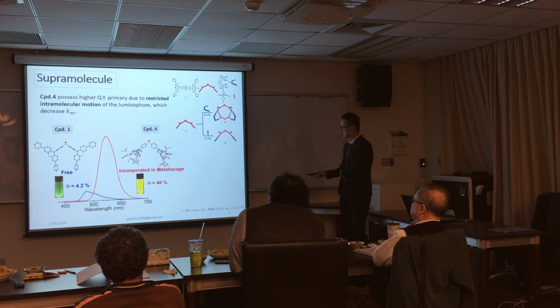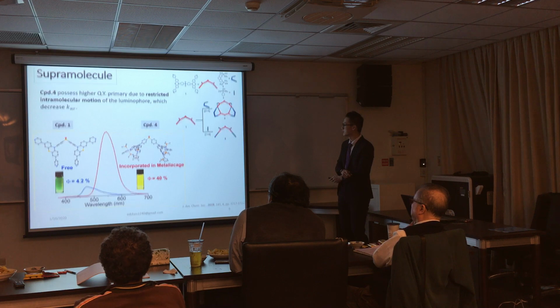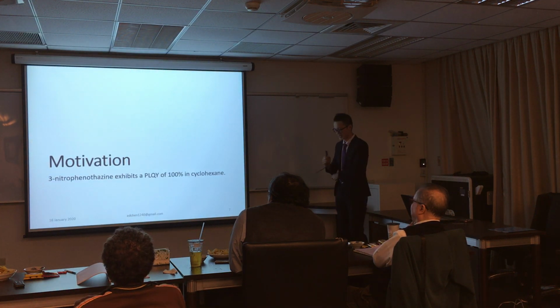However, after self-assembly, after it incorporates with the metal center, its motion is limited. So the restricted intramolecular motion reduces the non-radiative decay, so the fluorescence is going to increase, and they can use this for some applications. And here is the motivation.